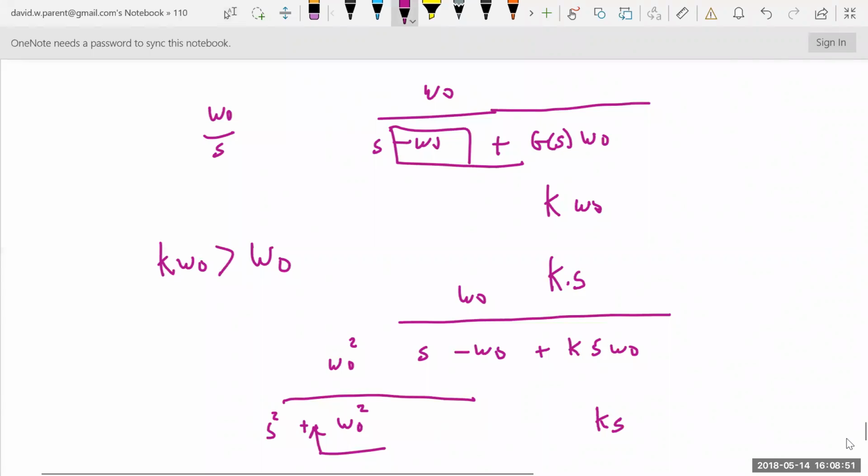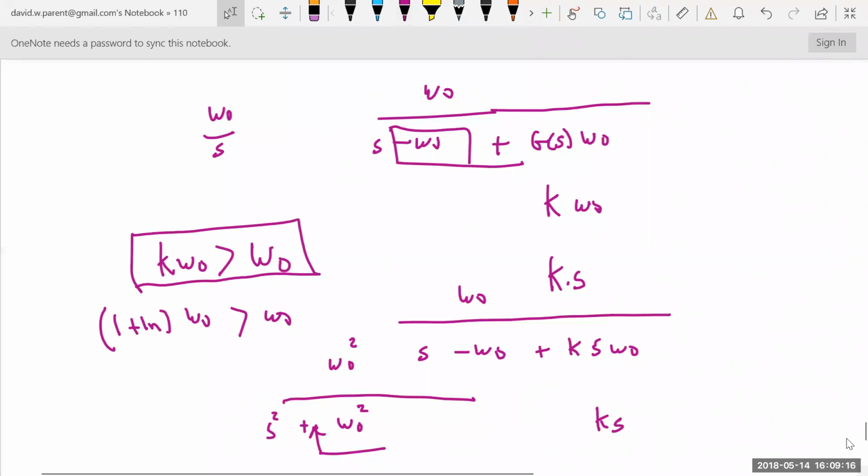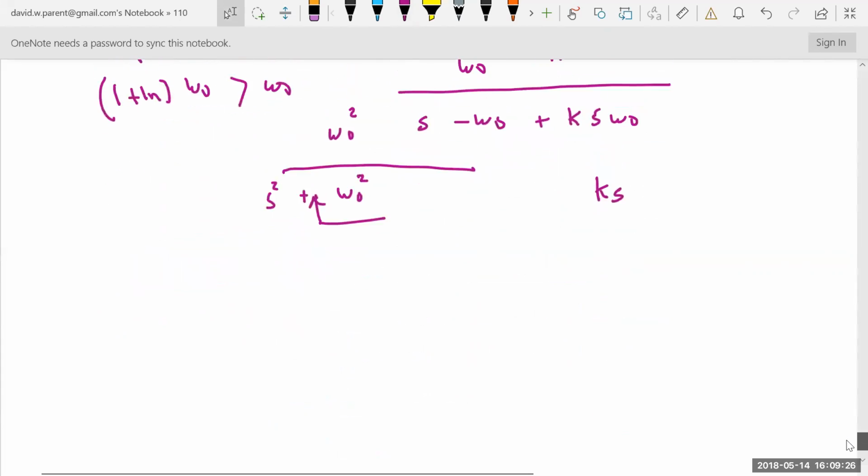Now, it can be 1 plus 1 nano times omega naught. Is that greater than it? Yes. But from an engineering standpoint, it's not, right? But really, you just would have to say something like that, okay? In 132, you're going to get into it in a whole lot more detail, all right?